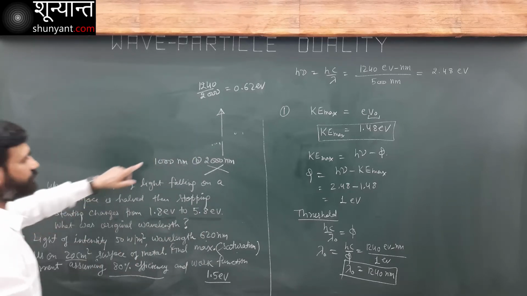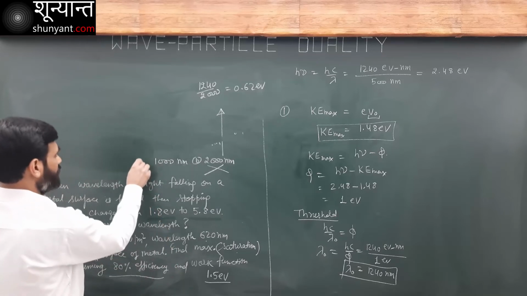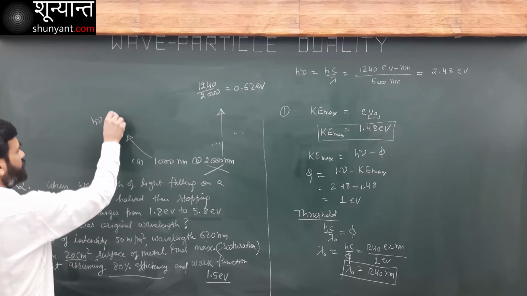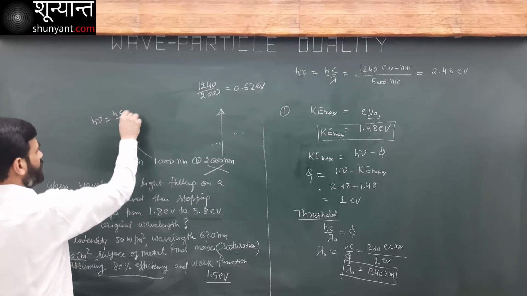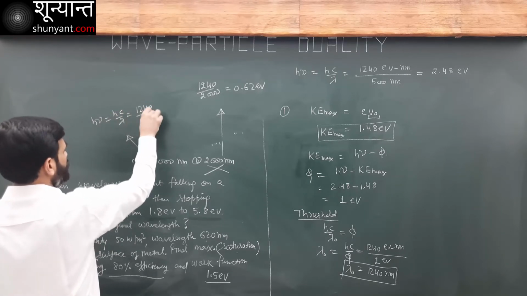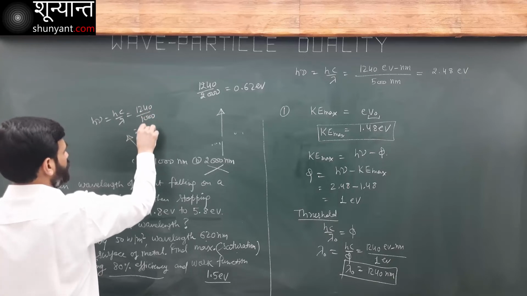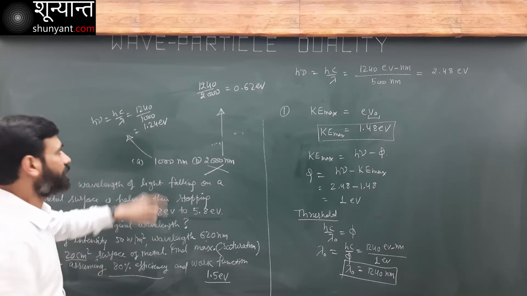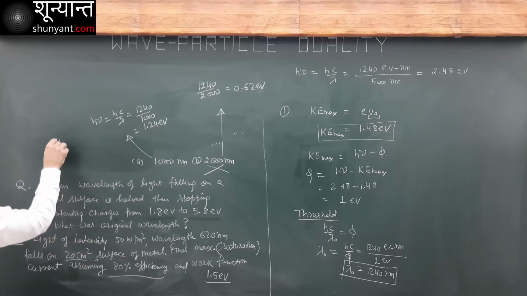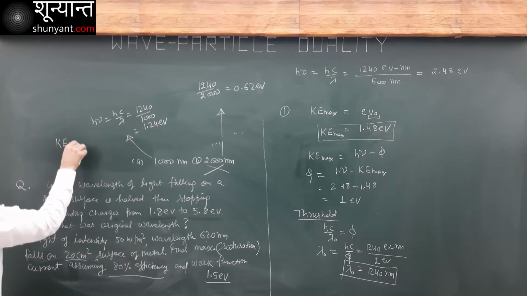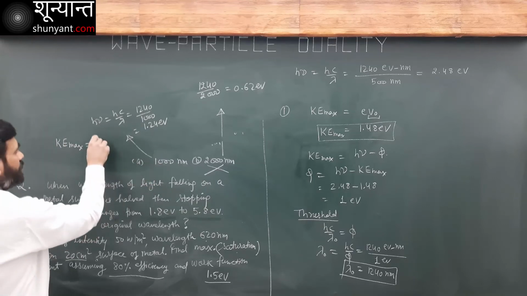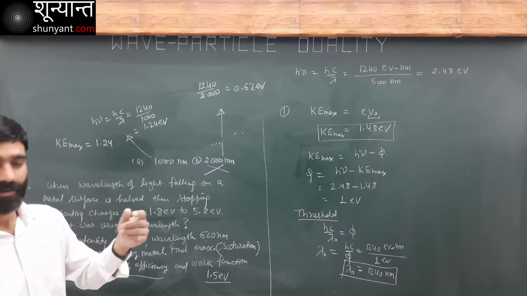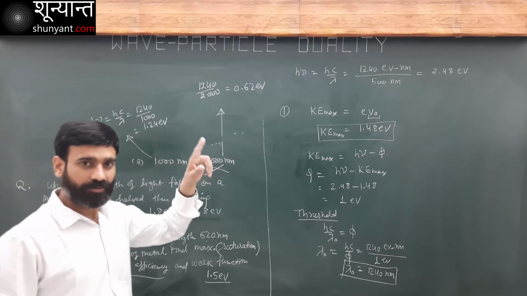1000 nanometer. What is going to be the energy? H nu is going to be hc over lambda, 1240 over 1000, which is 1.24 electron volt. So what will be the kinetic energy maximum? All of this energy will be given to the electron.